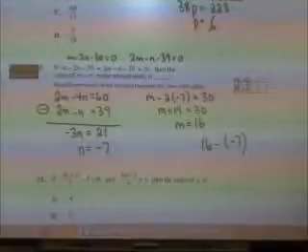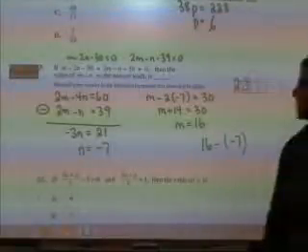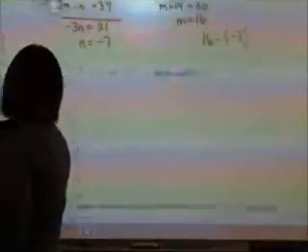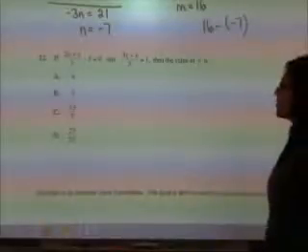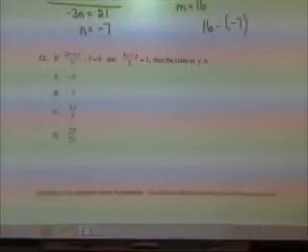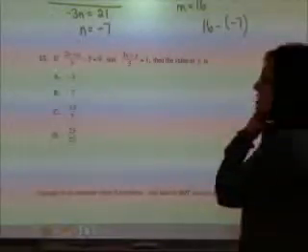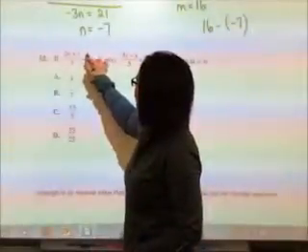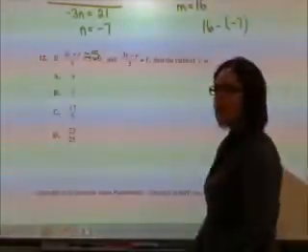Question number 12. I'm getting there. If 2x plus y over 3 minus 5 equals 0 and 3x minus y over 5 equals 1, then the value of y equals. So what I would do first of all, let this equal 5. Move the negative over.